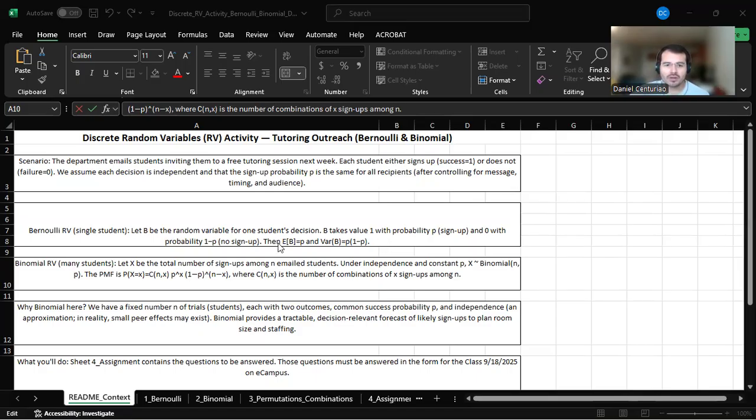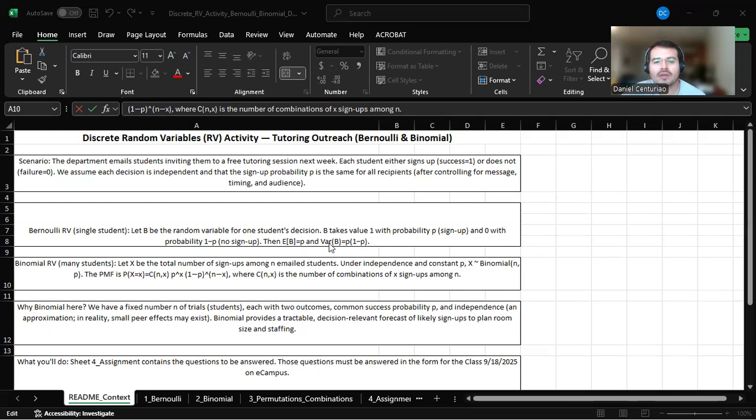Some other characteristics that we can analyze about this variable is that we can calculate the expected value of the random variable B, which is the signups. This symbol can show up in this way or with a Greek letter, similar to this E right here, but it basically means the expected value of B is p, the probability.